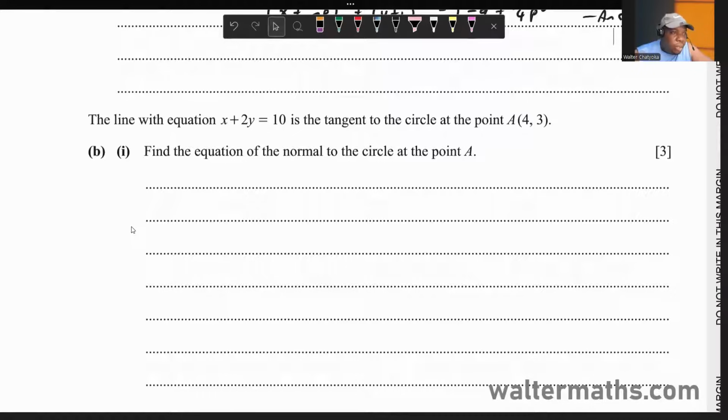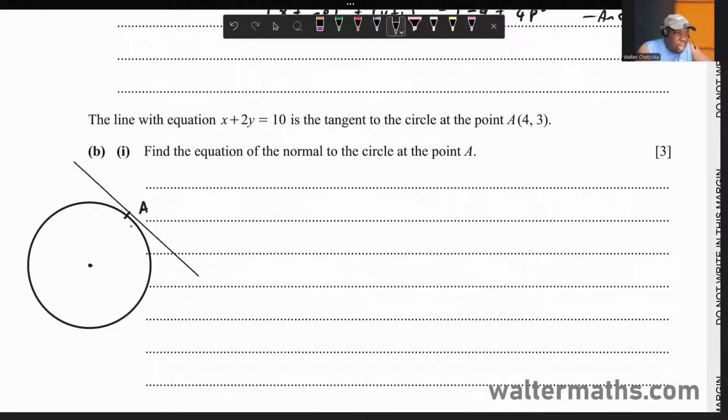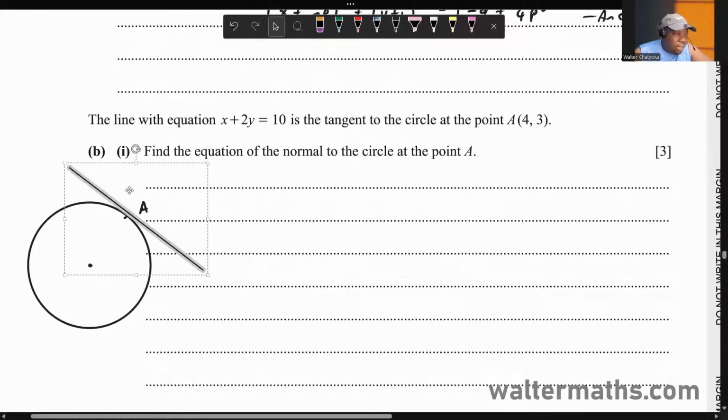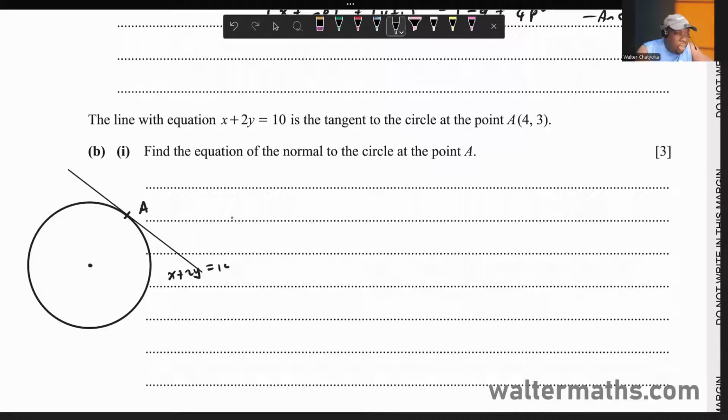Find the equation of the normal to the circle at the point A. All right, so we have a circle, and at the point A there's a line which is a tangent to the circle at that point, like this. And that's the line x + 2y = 10. So we should find the equation of the normal at that point.